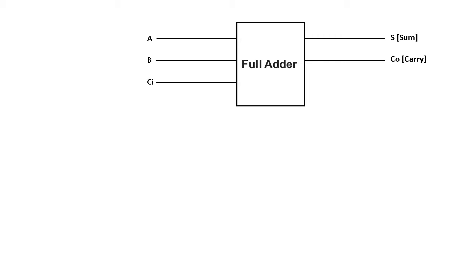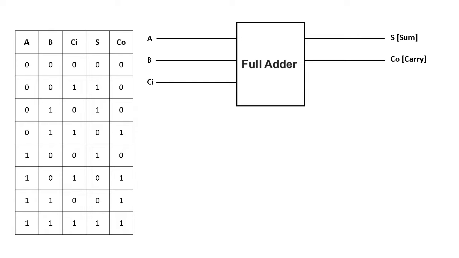Let us understand how to draw the truth table. As there are three inputs, we will have 8 combinations of zeros and ones. Let us start with the first combination of input 0, 0 and 0.